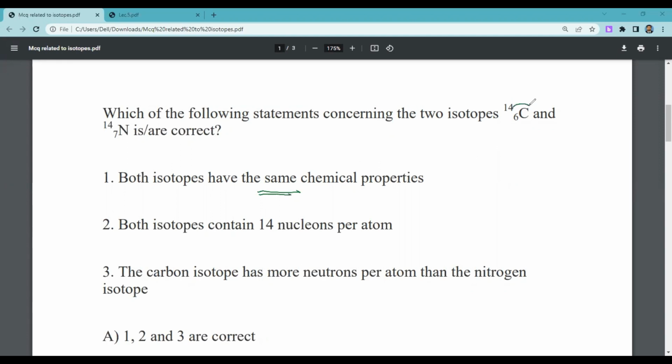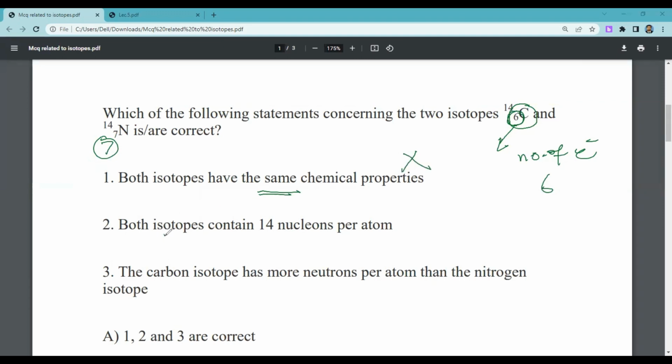Here you know that chemical properties depend on atomic number, which is equal to the number of electrons. So we can say that chemical properties depend upon the number of electrons. Carbon has 6 electrons, while nitrogen has 7. It means that this statement is not correct. They cannot have the same chemical properties.